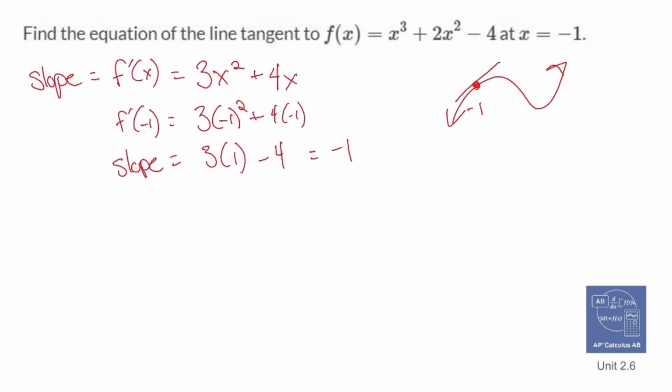I have my slope. What I don't have is a point. I do have the x value of a point. So in order to find the y value of the point, why don't I plug that -1 into that guy and find my y value?